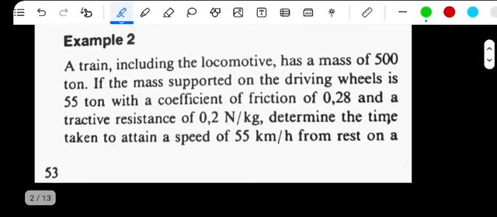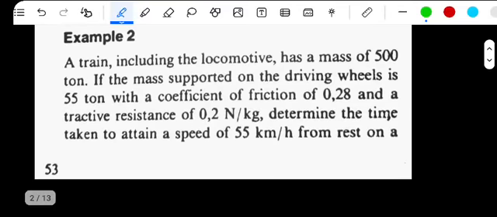So we have now example 2, which says a train. Remember, a train can be a truck, a bus, or a train, but anyways it is a road structure. We have a train including the locomotive.